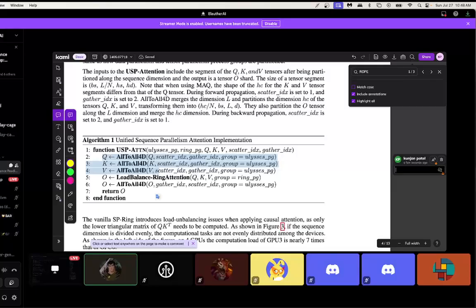The only difference here is that because this is hybrid parallelism, we segment the original n devices into a 2D mesh of Ulysses and ring, where Ulysses is the outer dimension and ring is the inner. So you can think of Ulysses as the row and ring as the column.